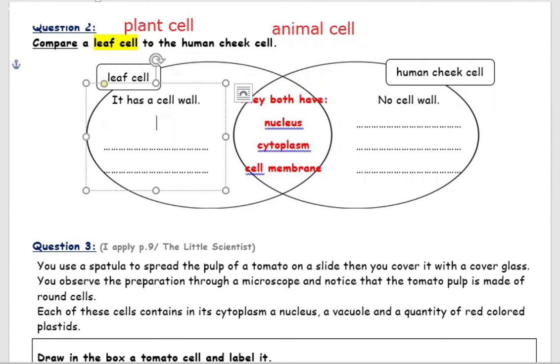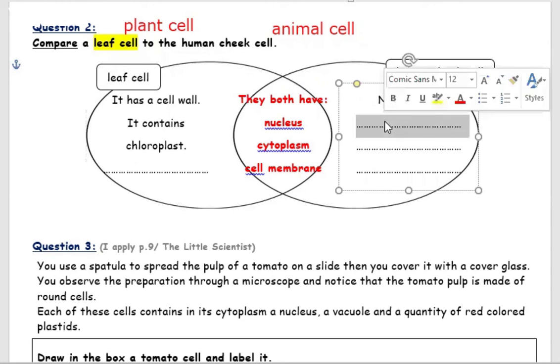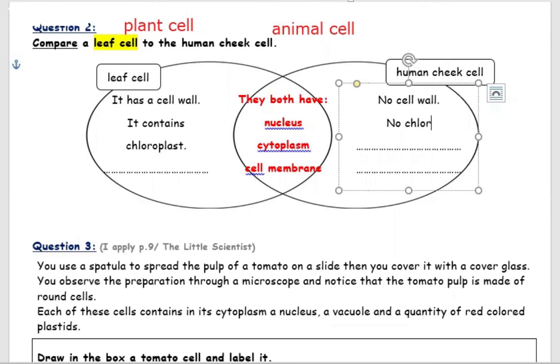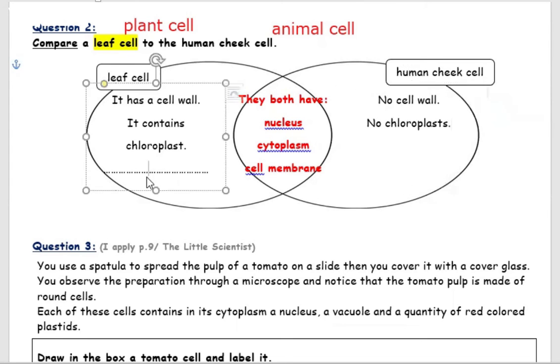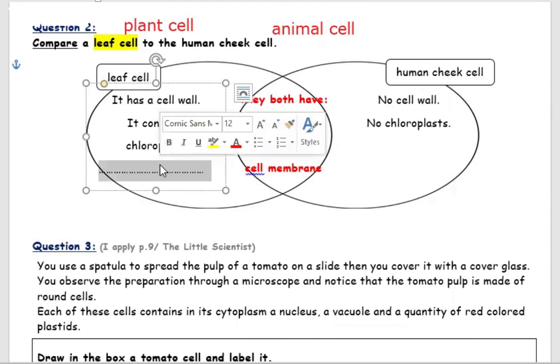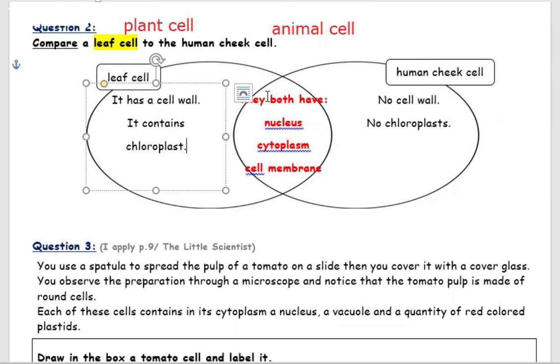The leaf cell contains chloroplasts, no chloroplasts in the cheek cell and the animal cell. Okay. You can also add that the plant cell has a large big vacuole, one large big vacuole, while animal cells have many small vacuoles.